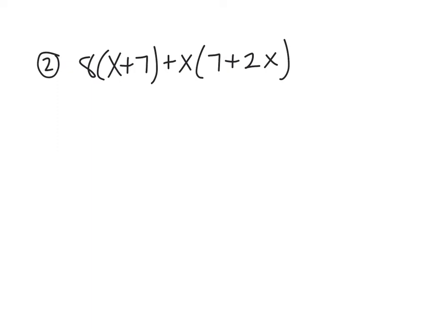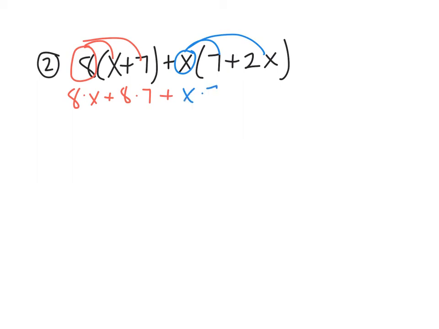There we go. Start with step 2, which is to distribute. So I have to distribute the 8, and I have to distribute the x to these two terms. So I have 8 times x plus 8 times 7 plus x times 7 plus x times 2x.